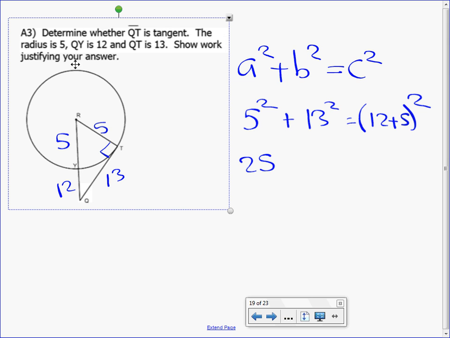So that's 25, it's going to be 169, 12 plus 5 is 17, 17 squared is 289. So I can see that these two sides won't equal. Therefore, I can say that segment QT is not tangent to the circle.